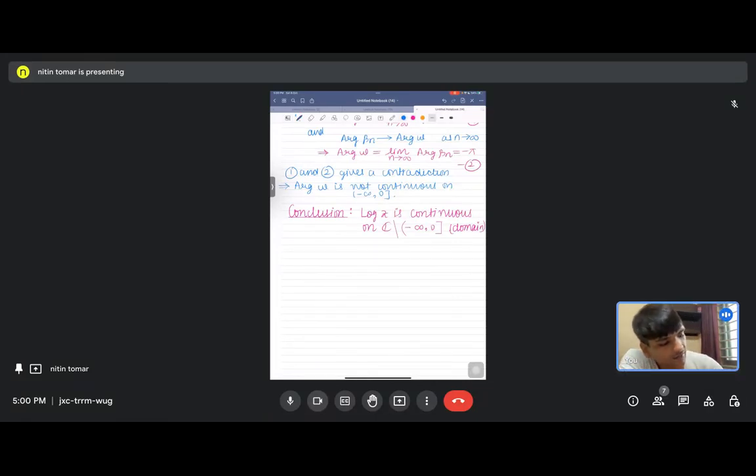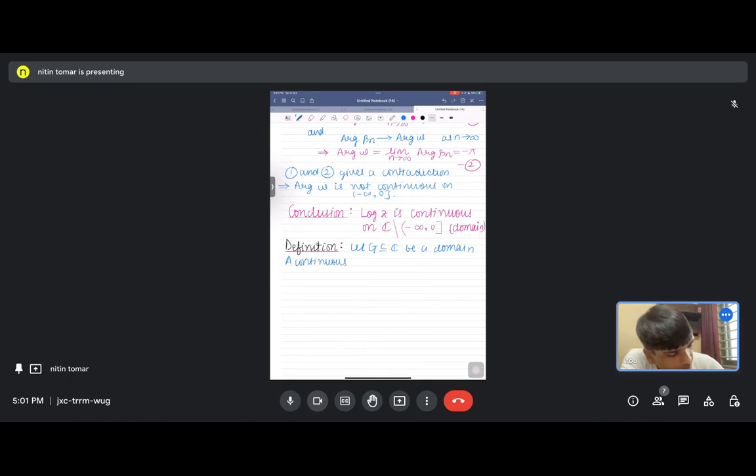So now we define the branch of logarithm. I'll just take 10 more minutes. Actually, we have defined it above. If you are given a domain G in the complex plane, then what is a branch of logarithm?